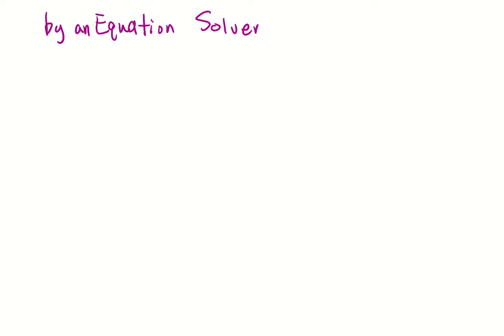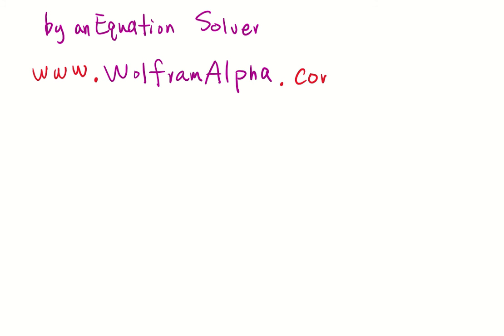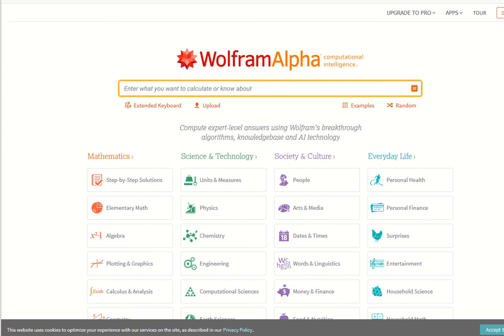The third way I'm going to introduce is to solve this equation by an equation solver. One web-based free equation solver is called Wolfram Alpha. The website is www.wolframalpha.com. The web page looks like this. All we have to do is type the equation we need to solve in here.